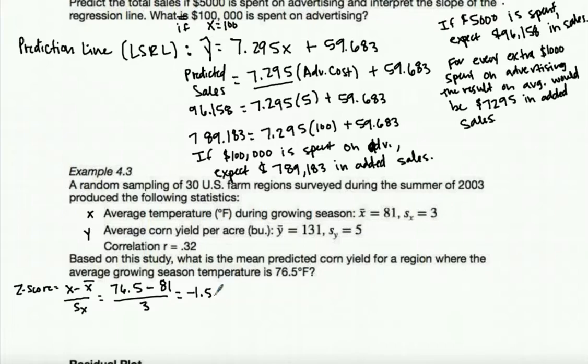So with a correlation R equal to 0.32, we can basically say 0.32 times our z-score, negative 1.5, will give us negative 0.48 standard deviations below the average corn yield.